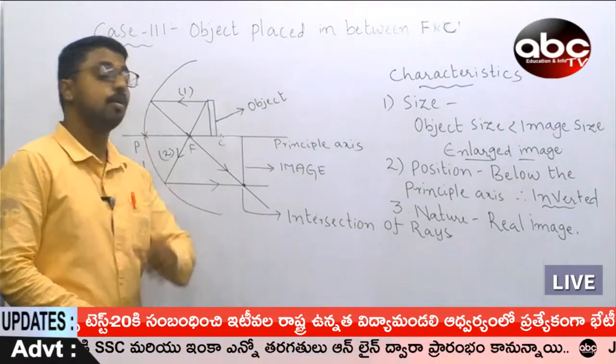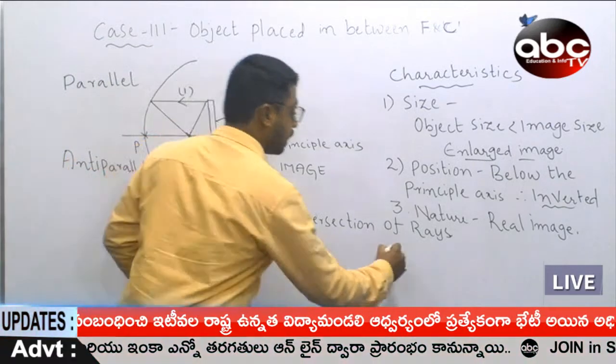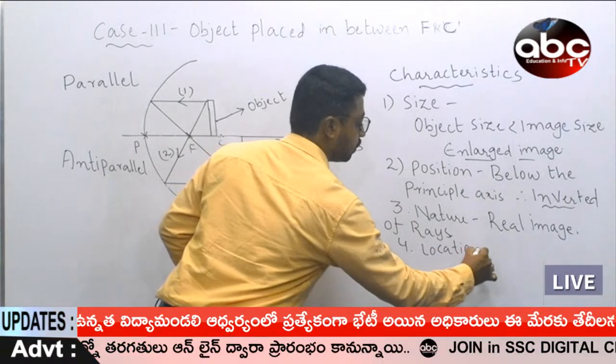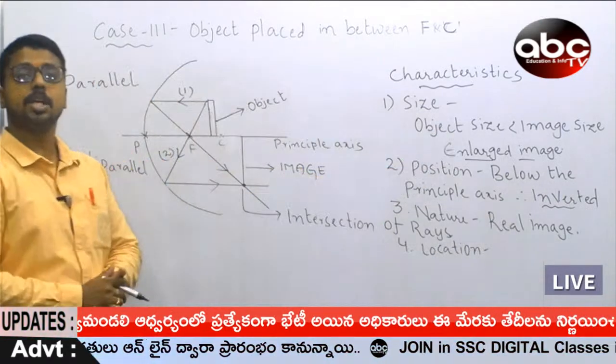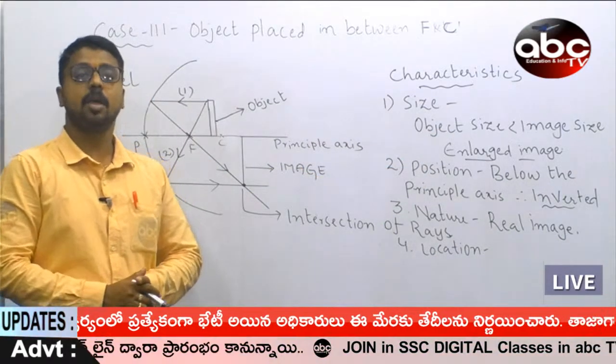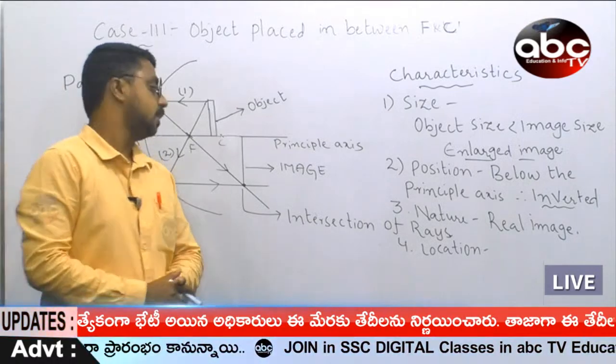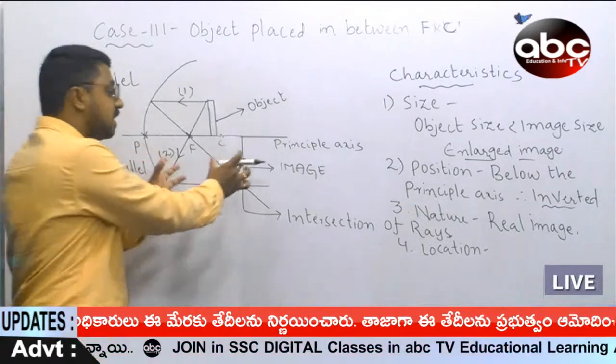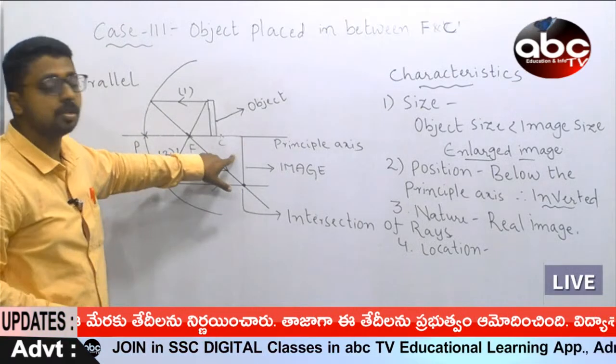While coming to the fourth point, it is the location. So, where is the location going to be here? If we take a concept, where does it come for us?